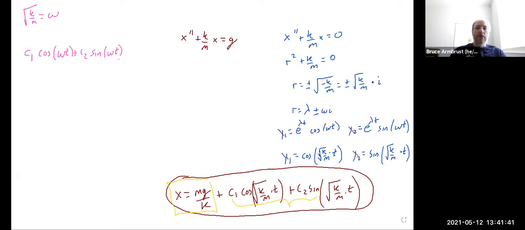And what we can do is actually call these C1s something in terms of some sort of a shift. Basically, this is the substitution we're going to do. We're going to let C1 equal, I'm going to call it big R, times the cosine of phi. Cosine of phi? Yeah, cosine of phi. And then C2 is going to be big R sine of phi.